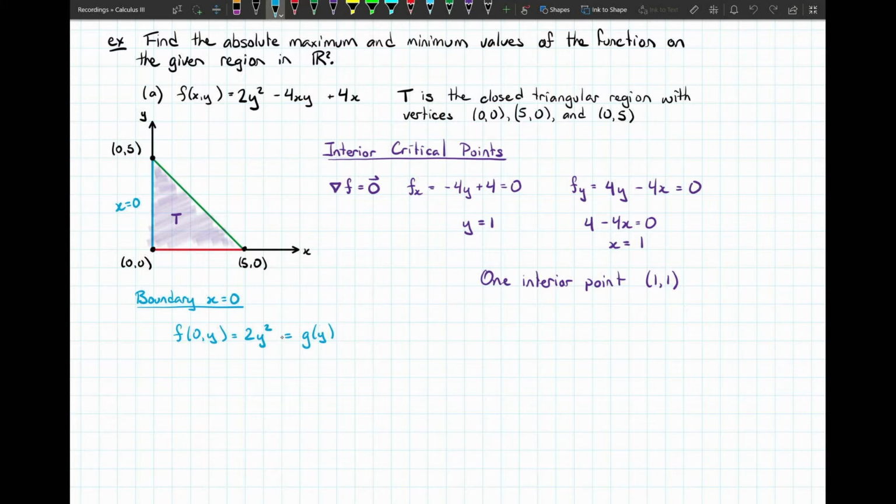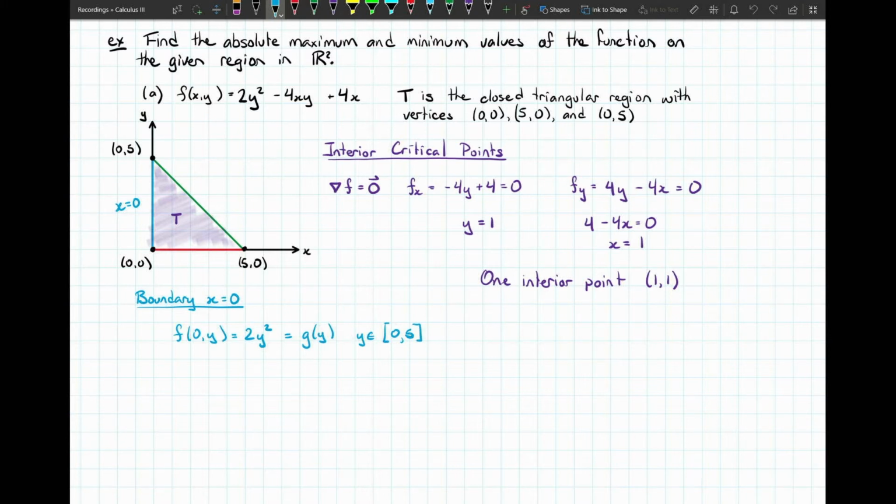Now that function is only going to be useful along an interval for y. If we take a look at this blue line segment, y is only going to be from 0 to 5. We only need to look for maximum and minimum values along that interval. Now hopefully this should sound familiar. Looking for extreme values of a single variable function that is continuous on a closed interval is actually just right back to the extreme value theorem from single variable calculus.